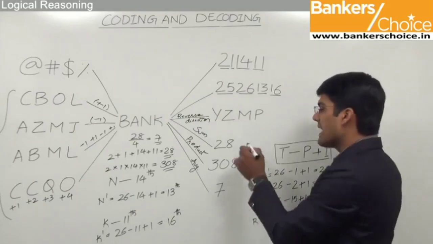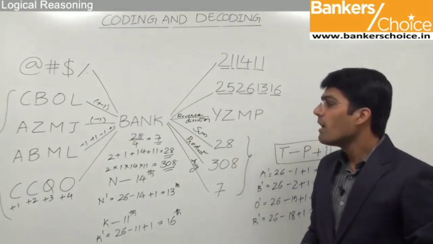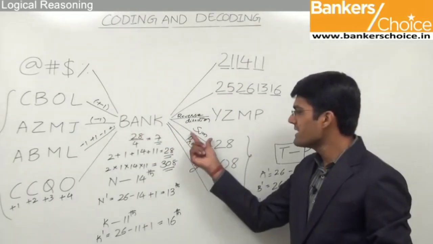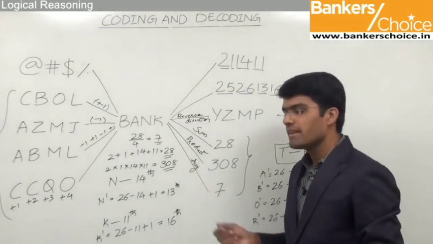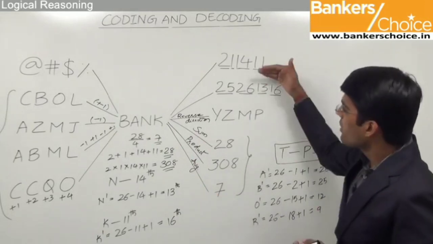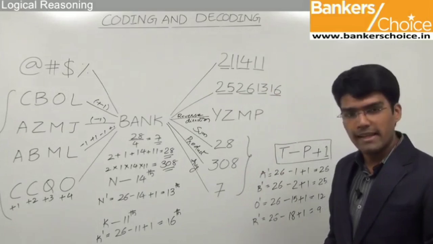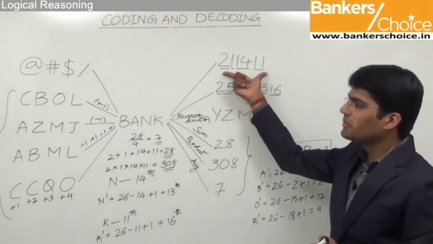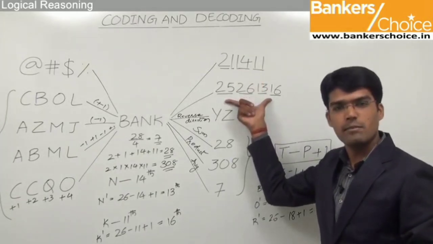So if you observe, in the last 3 models, we have performed some or the other arithmetic operation on the positions of the letters B, A and K. In the first case, it is sum of the positions. In the second case, it is a product of the positions. And in the third case, it is average of the positions. If you observe, all the coded forms on the right hand side are only based on the positions of the letters B, A and K. In the first case, it is the positions in the alphabetical order. In the second case, it is the positions in the reverse alphabetical order.